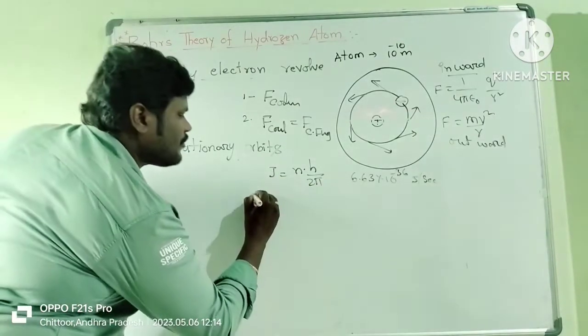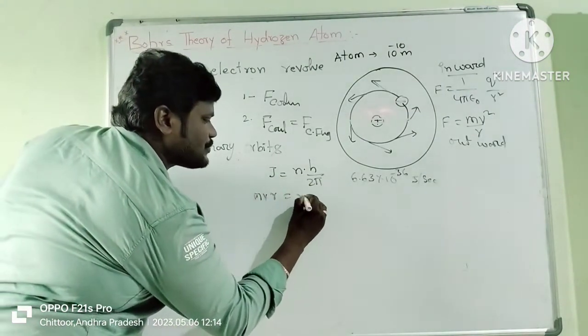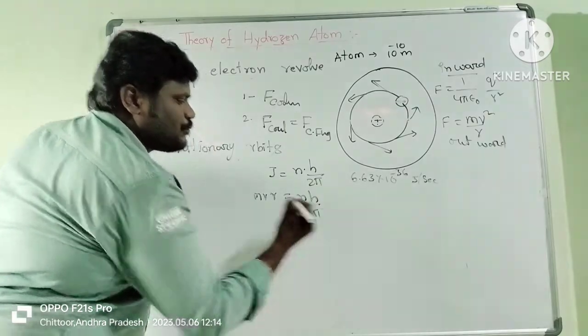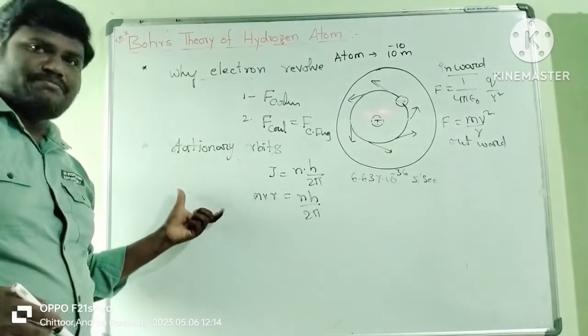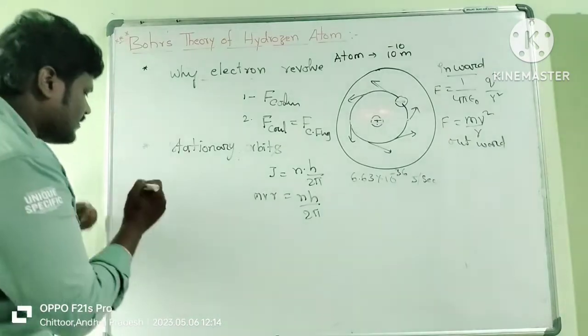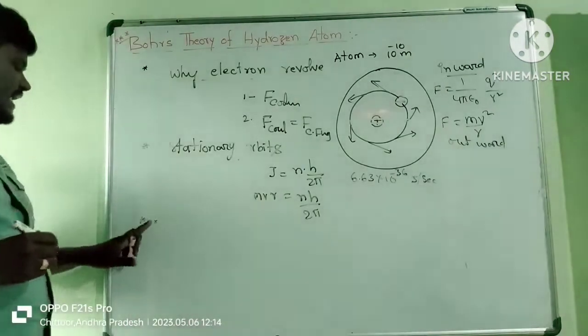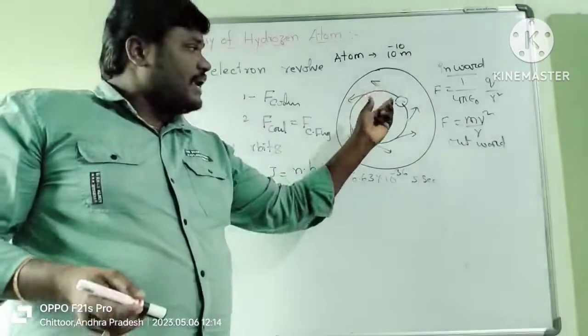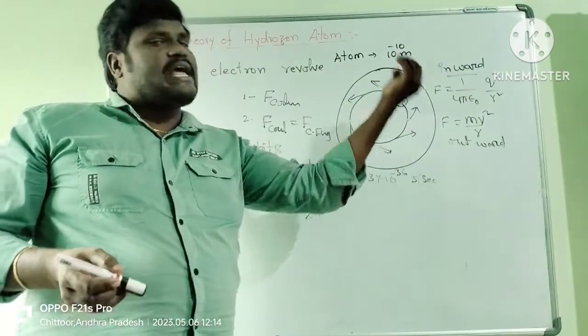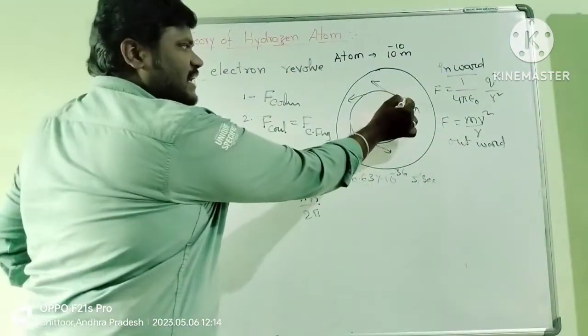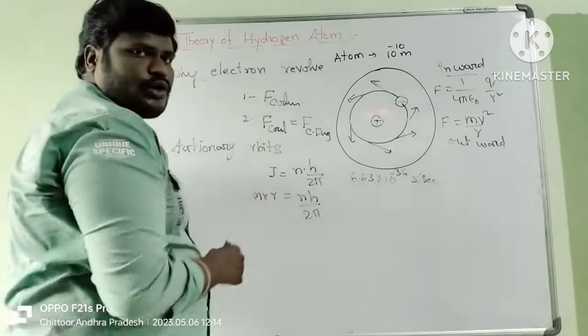That angular momentum formula, mvr equals nh by 2 pi, is Bohr's second postulate. The third postulate is that the electron will emit radiation when it jumps from a higher energy level to a lower energy level.